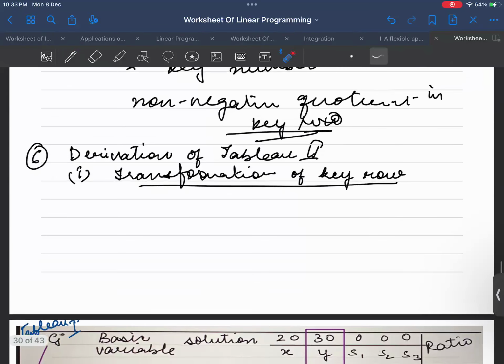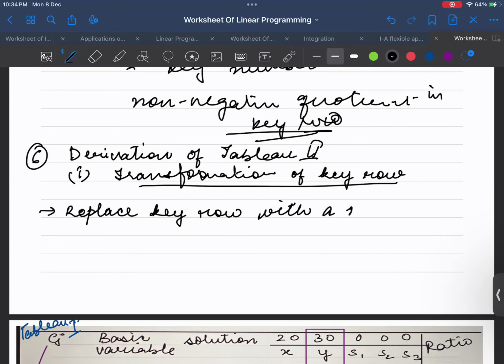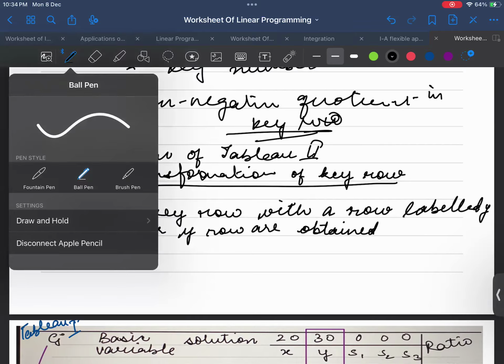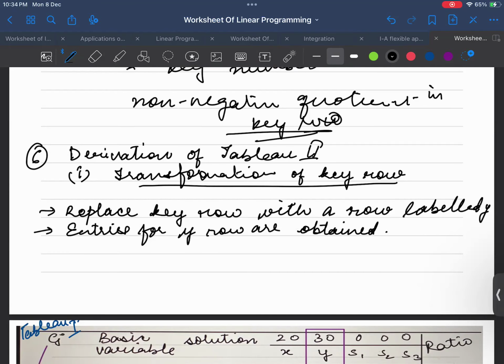And how do we transform it? It's a simple thing. First step: replace the key row with a row labeled Y, and the entries for the Y row are obtained by dividing each entry of the key row by the key number.